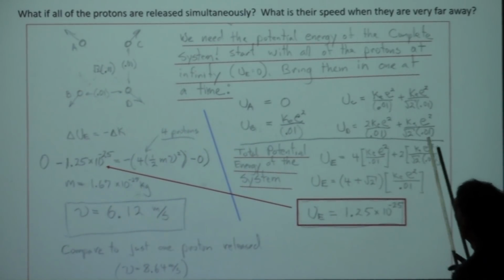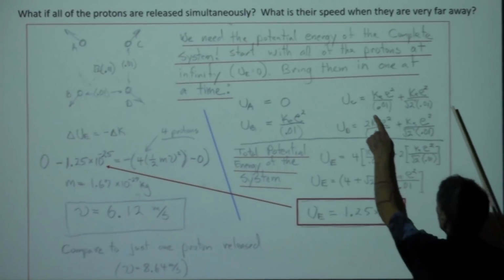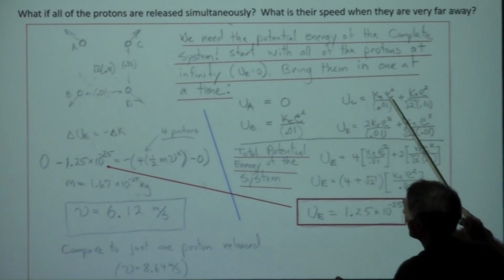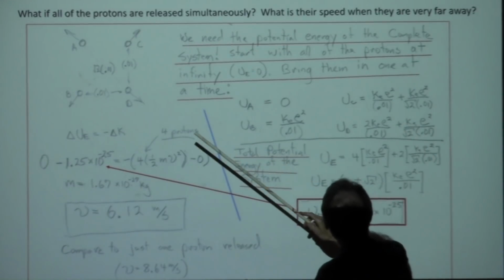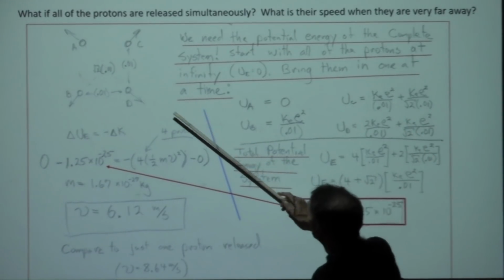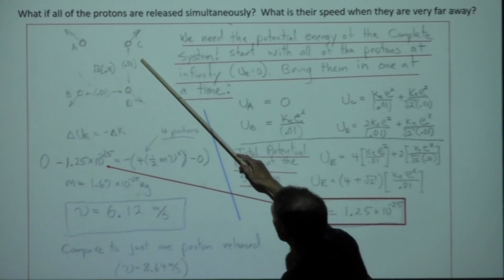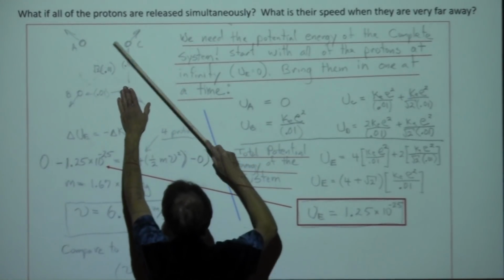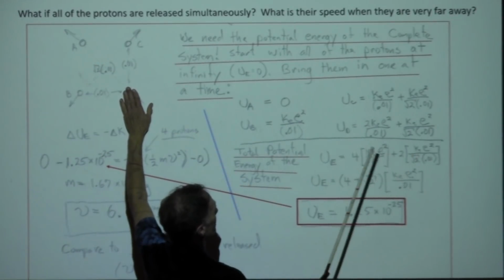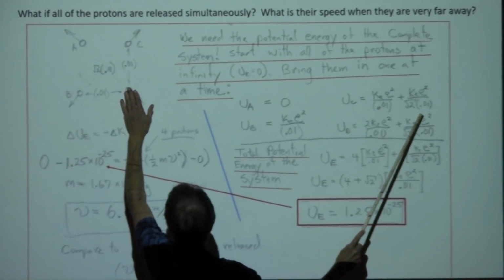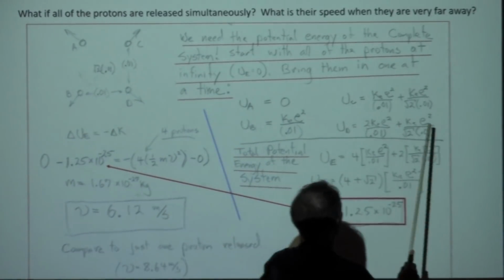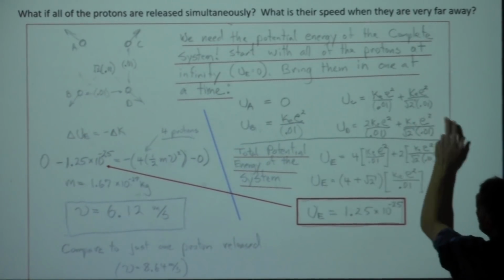And so I have these two. This is going to be the potential energy of C. It's not fighting D yet, so it's fighting A, that's this term. And then out here with B, that's with this distance here, square root of 2, we've got that.